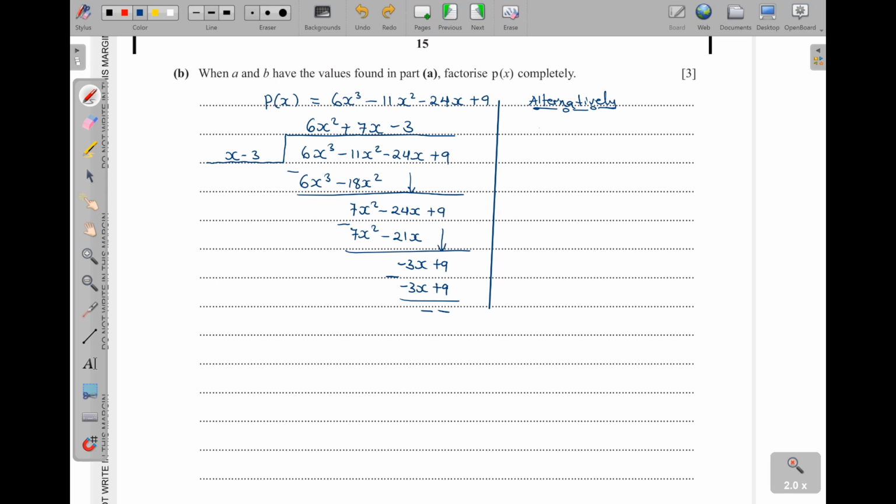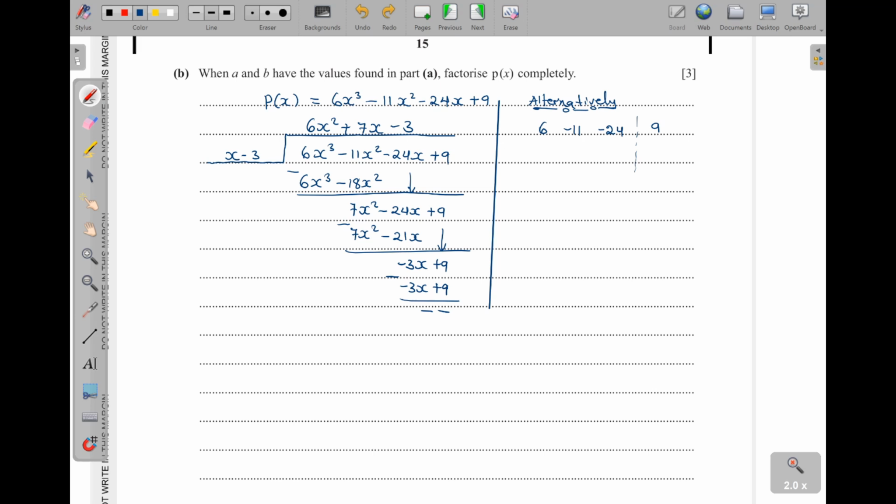So we can have 6, negative 11, then negative 24, then there is 9. Now, let's say we didn't have x squared and it was 6x cubed, then 24, and this one is skipped, then we shall write its coefficient here as a 0. You don't skip it. The coefficient there is a 0.